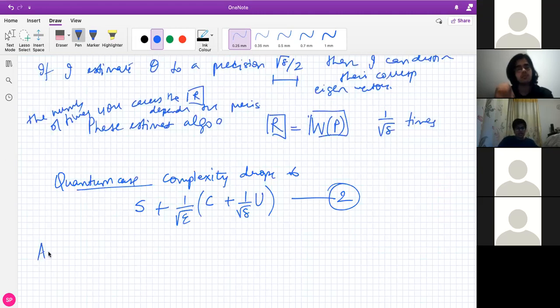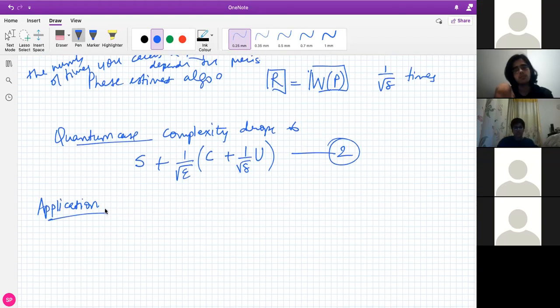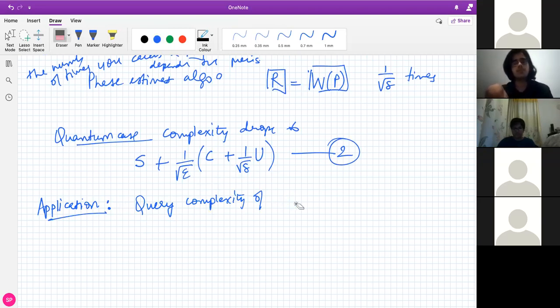Then let's discuss the first application. And I think we will stop also after the first application, okay? We will see the query complexity of the collision problem.